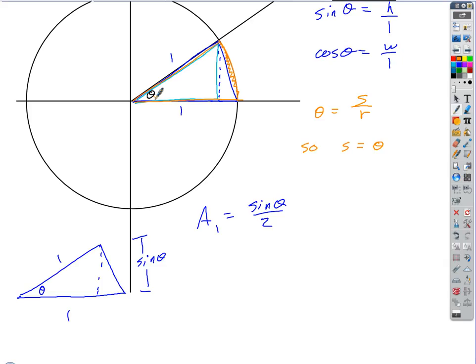The base of the proportion would be something over something equals theta over something. You don't need sine in there at all. Just forget about the blue triangle completely. I could have just started with a sector.